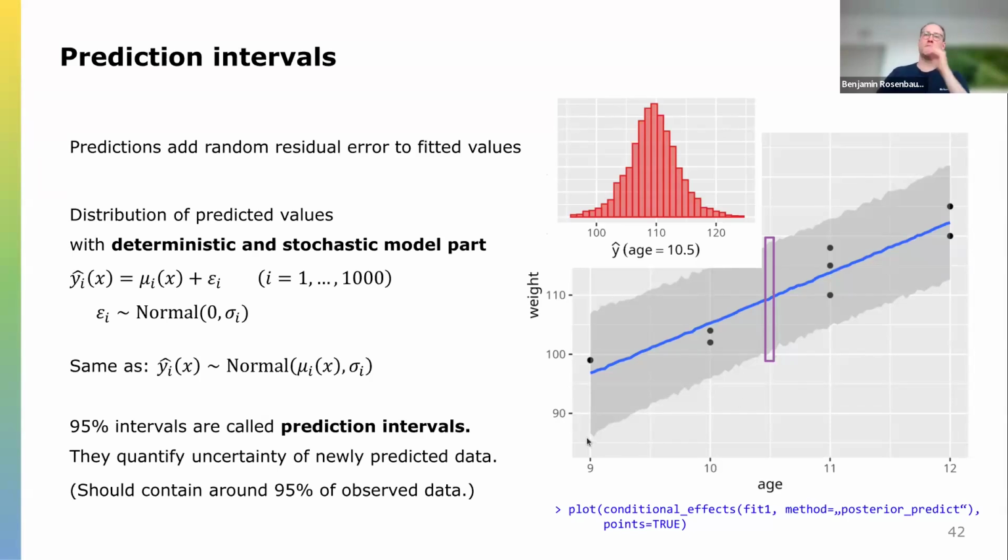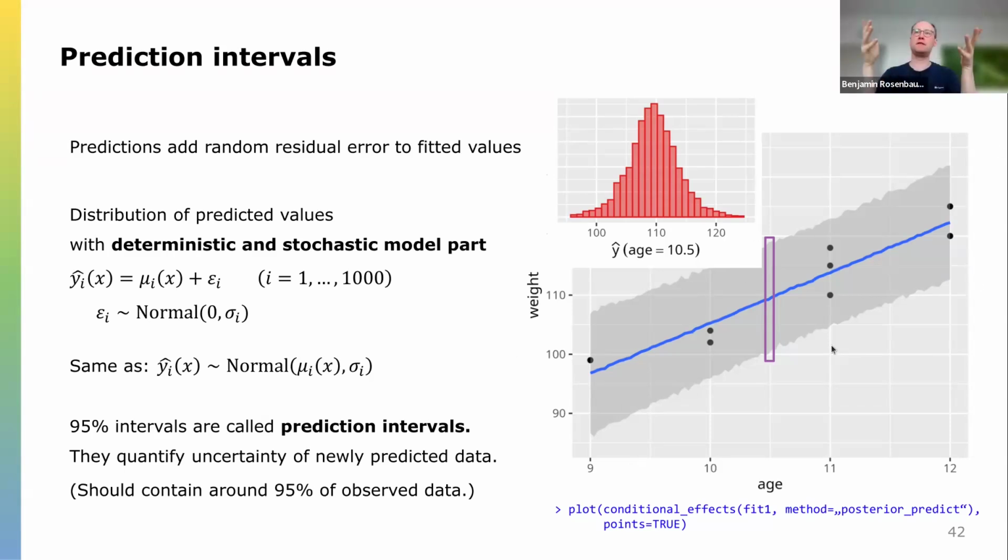And since it involves a bit more stochasticity than just the deterministic part, the quantiles here can look a little bit wiggly, but that's totally normal. Usually, most of the data points should be in these prediction intervals.